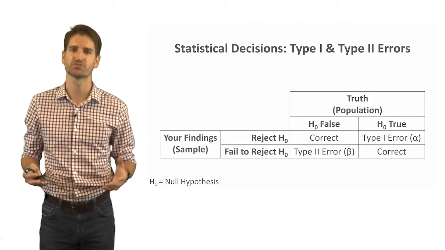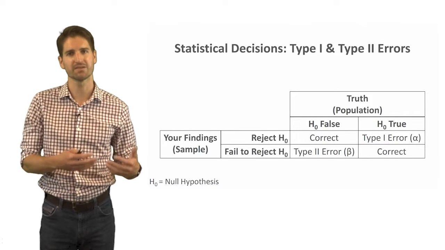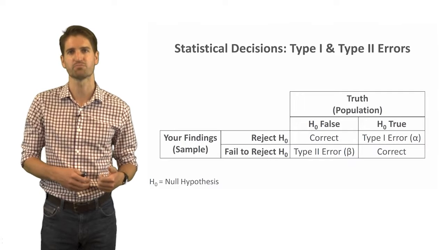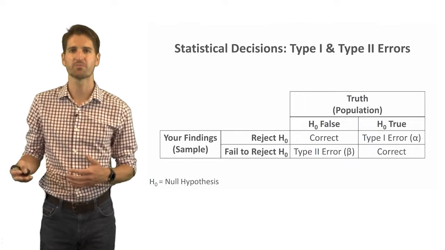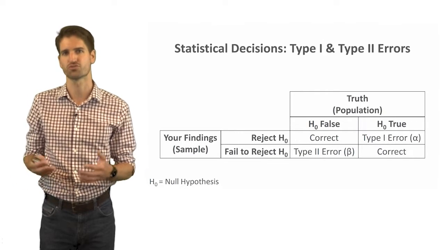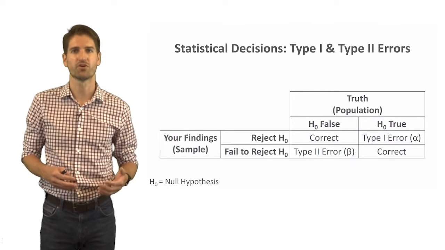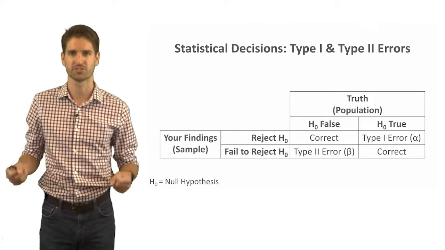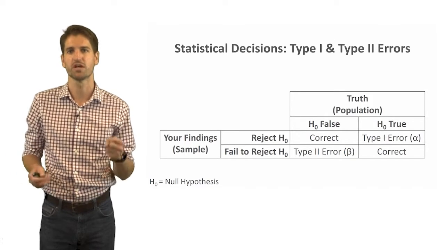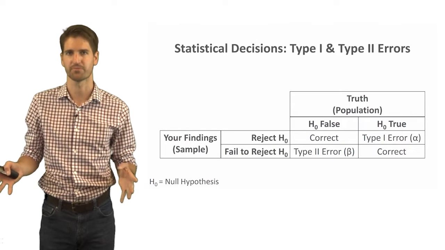And so remember, with inferential statistics, we're talking about making inferences based on what we find in a sample about the underlying population. And so what we're assuming is that in the population, the null hypothesis is either true or it's false. If the null hypothesis is true, it means that, let's say, there's no difference or no association in the underlying population between these two variables, let's say.